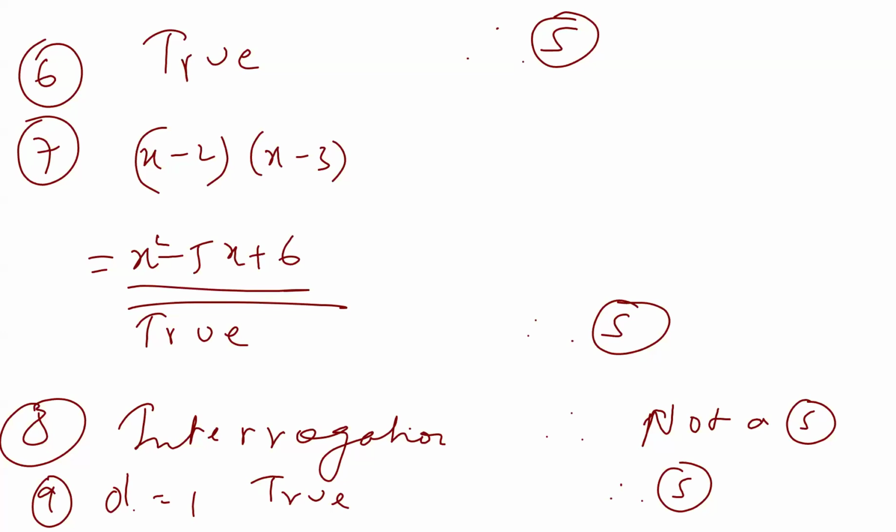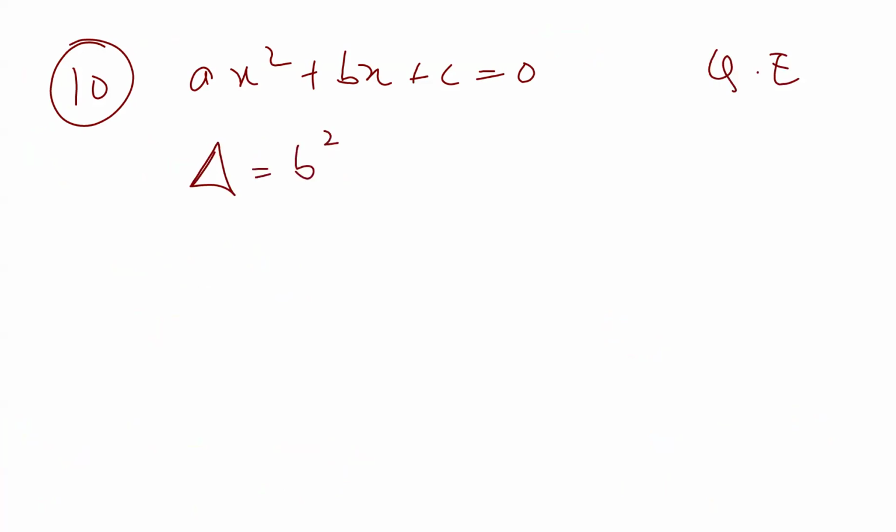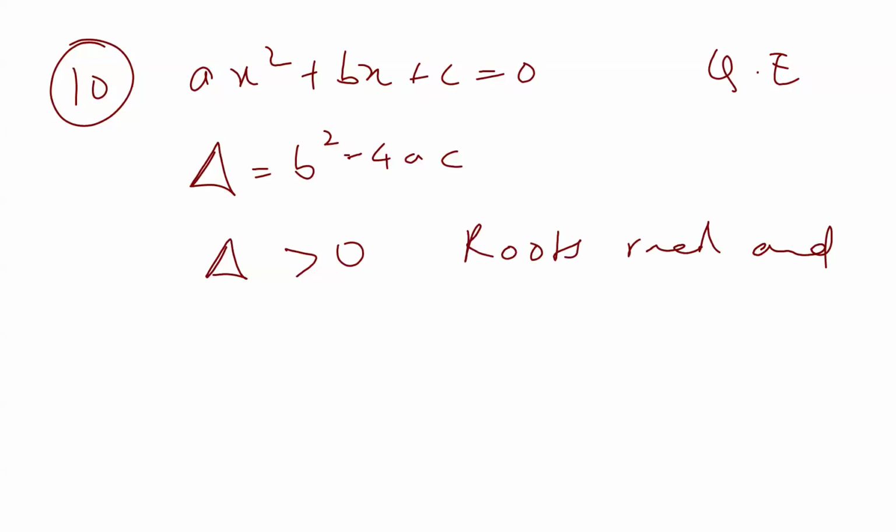10. ax square plus bx plus c equal to 0 is a quadratic equation. So delta, that is b square minus 4ac, tells us the nature of the roots. If delta is greater than 0, roots are real and unequal.